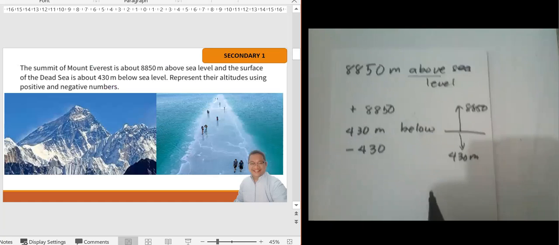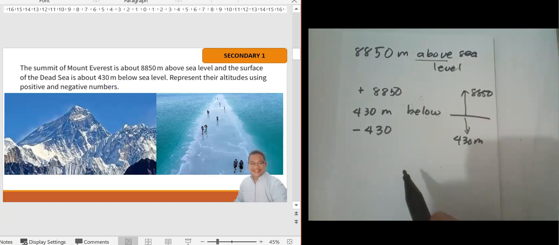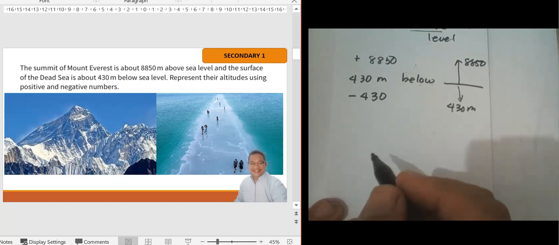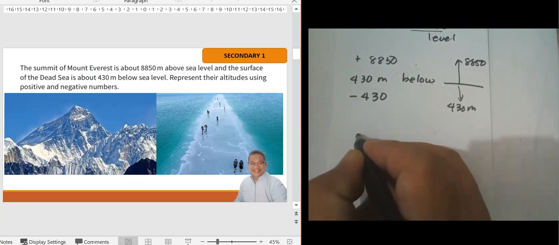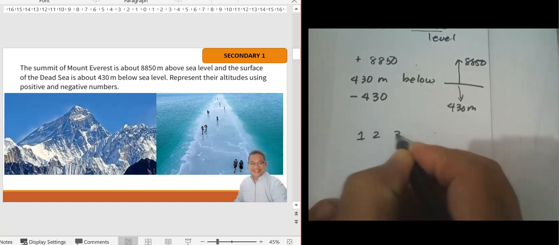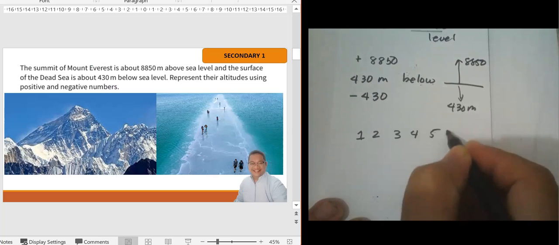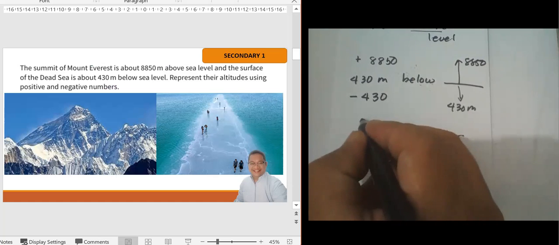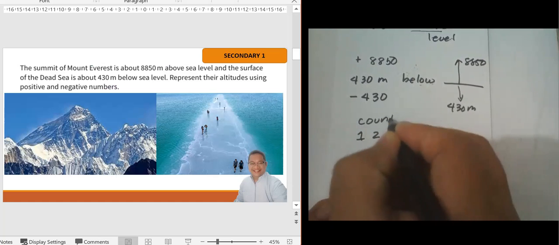So guys, let's look a bit at the history of numbers so we will be able to appreciate the integers. Before, when you started to count, for example, you started with 1, 2, 3, 4, 5, 6, and so on. These are what we call counting numbers.